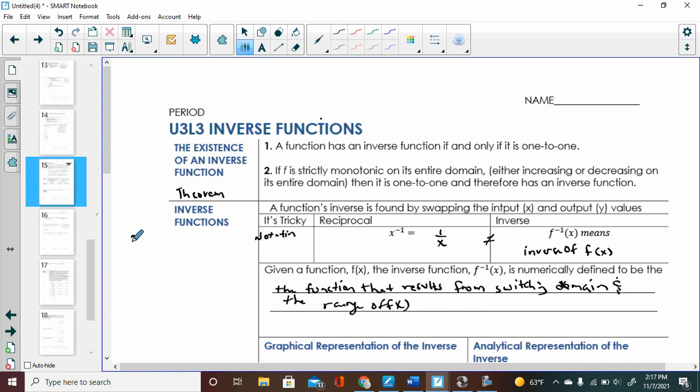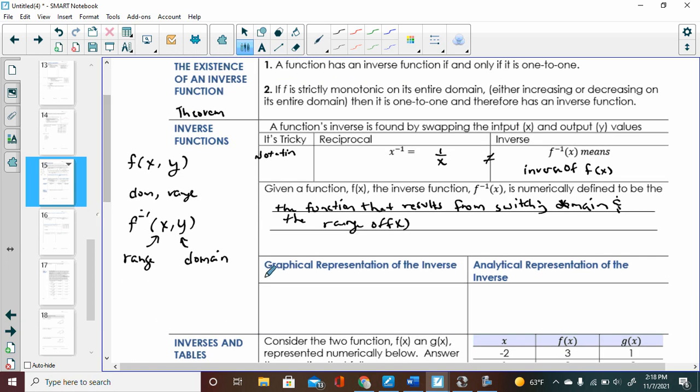So if you were going to look at f comma x y, now here's the domain, here's the range, then the inverse of that function, x y, is now the range, and y values are now the domain. That's a way of looking at it.